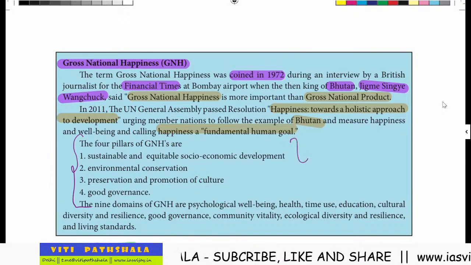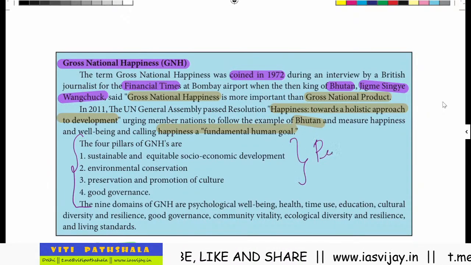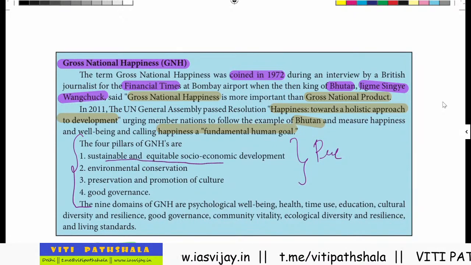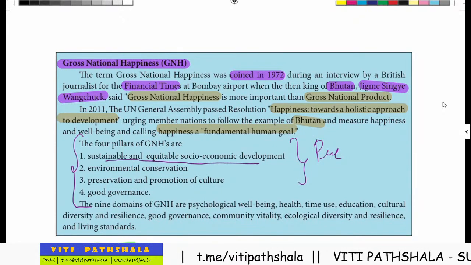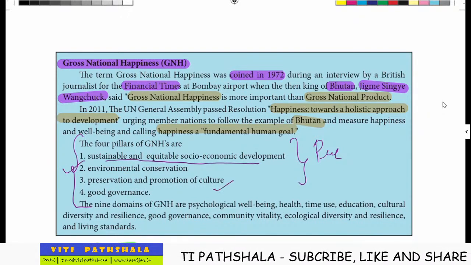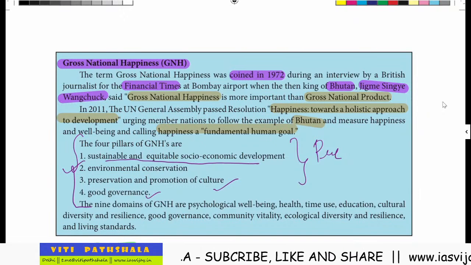So this is from your prelims perspective. Now the four pillars are sustainable and equitable socio-economic development, environment conservation, the preservation and promotion of culture, and good governance.